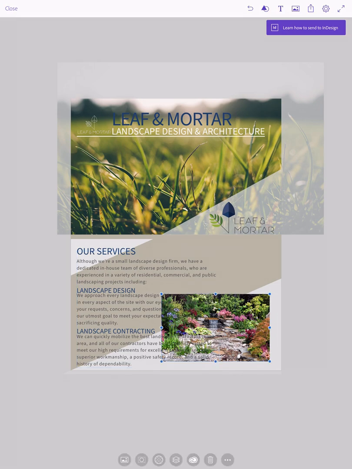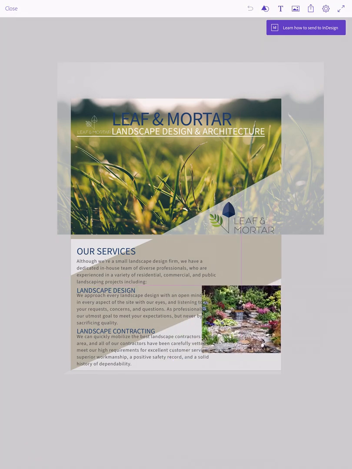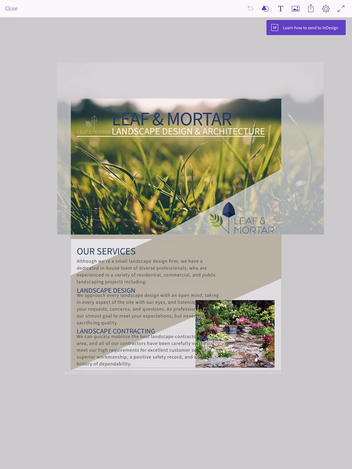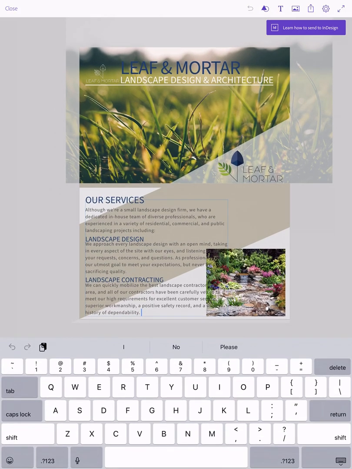So if that's the case, then I'm going to manually have to do it, which basically means I'm going to crop this in and adjust the size of this photograph. And maybe we'll have to adjust the size of our type here.